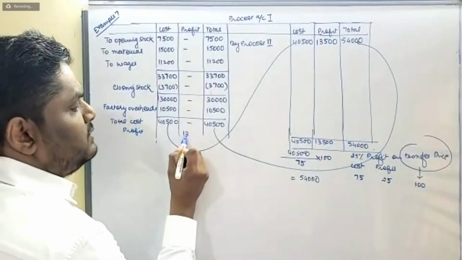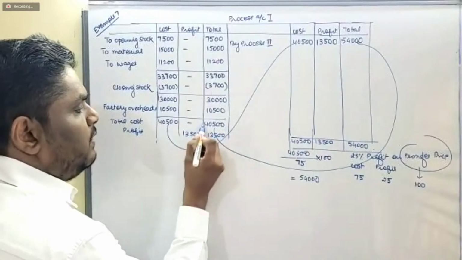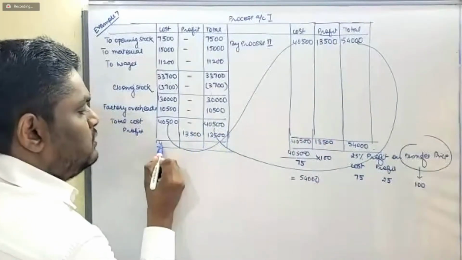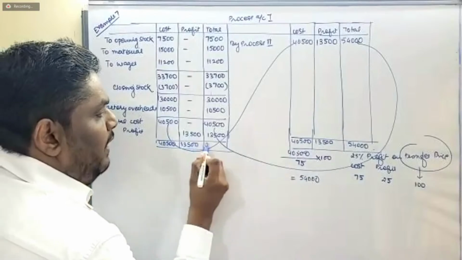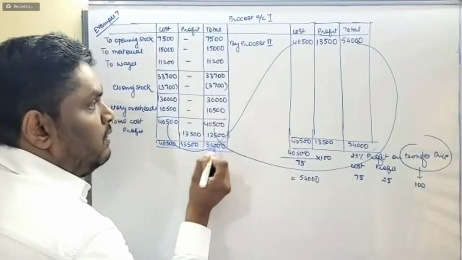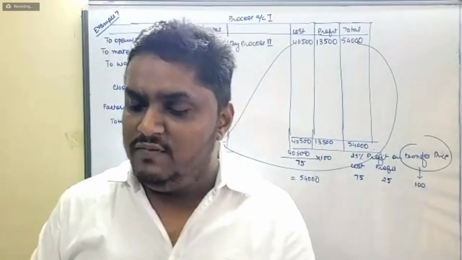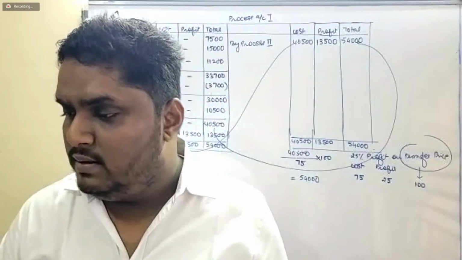That is 13,500. So 40,500, 13,500 and 54,000. So this is how the process account is to be prepared. Process first account. If you guys have any doubts, please post your queries.